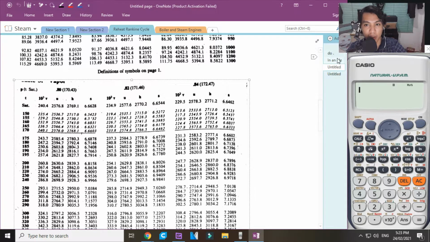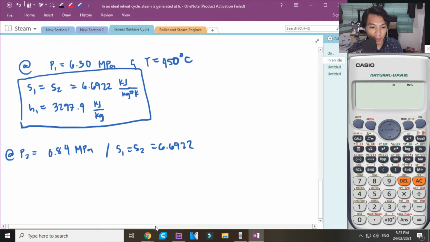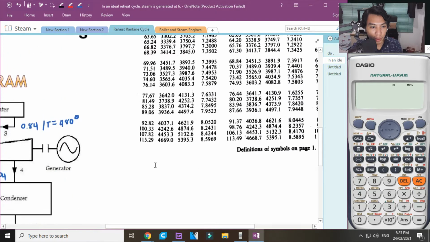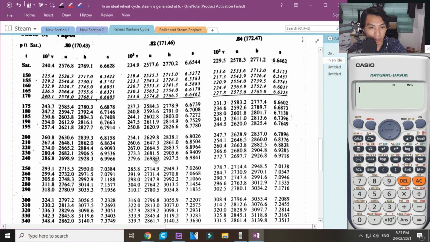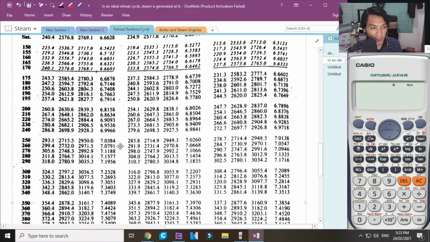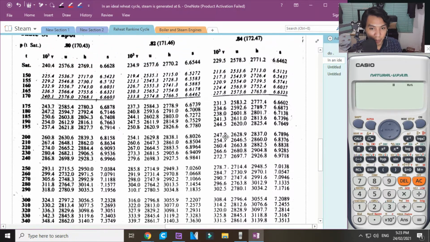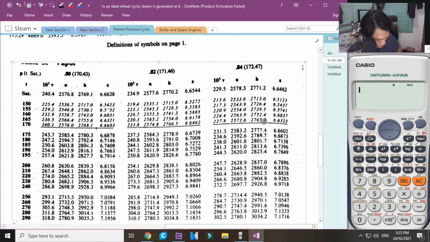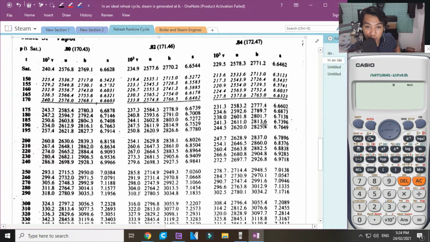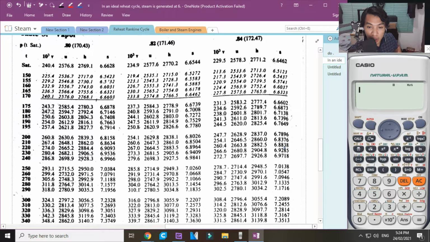Control C. Then, dito ilagay ko sa tabi. Nung sa baba nito. Yan, dito. Gusto ko dyan. Okay, 0.84. Nasaan siya? 0.84. Hanapin mo nasa gitna yung 6.69. 6.6922.